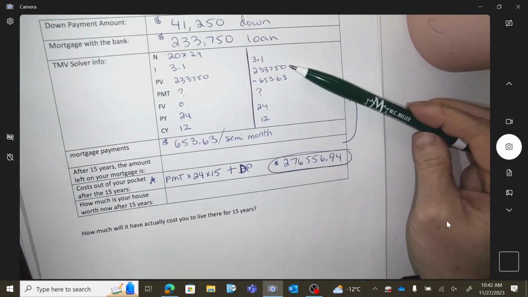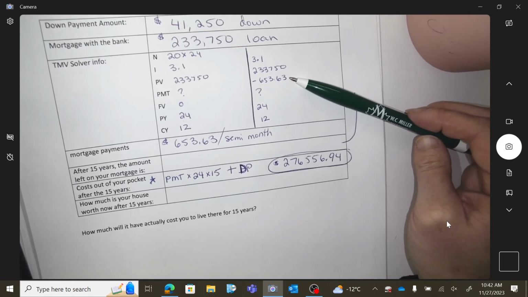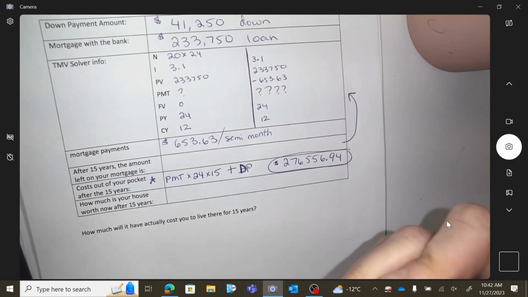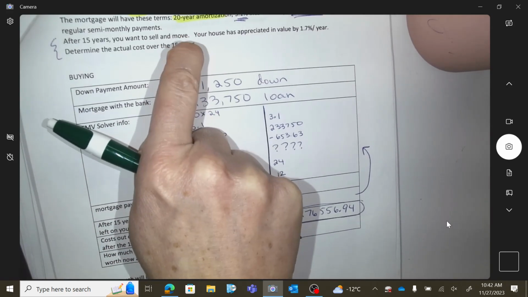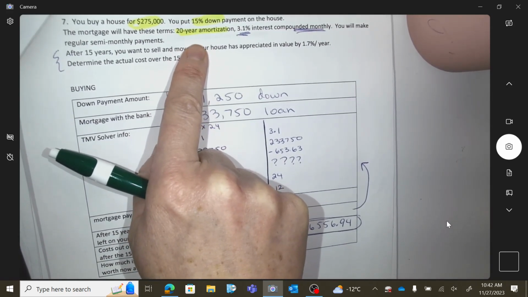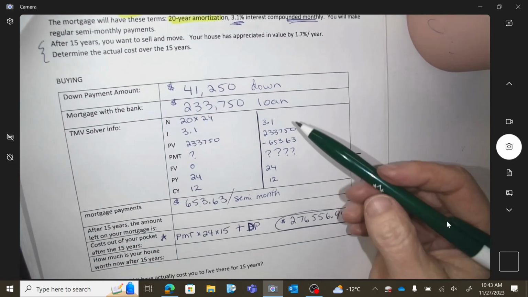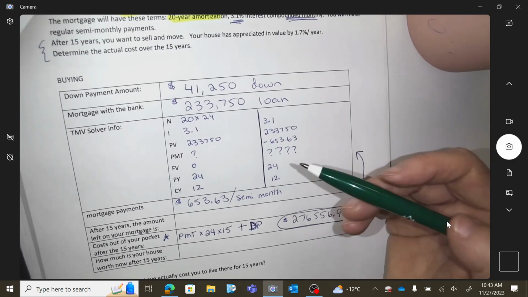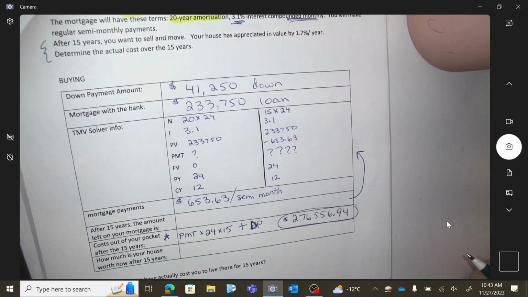So this time we're saying if we started with this and we made these payments, in 15 years, what do I still owe on this mortgage? Right? Because you don't pay your mortgage off. Because don't forget, the bank was making you pay it off in 20 years, but you moved. So let's see, what did we knock this down to? So what do we have to put up here for n? Because that would change. We're saying for 15 years. So 15 times 24, right?